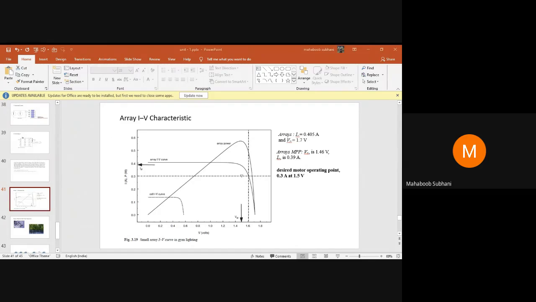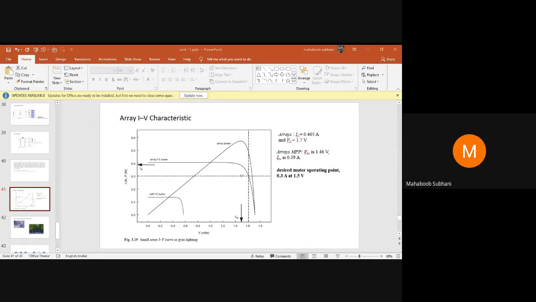Now, if there is no action taken, the model speed would change until the motor's operating point lay on the array's IV curve. So it means that the speed of the car will try to increase. But for us, the desired speed is only 1 meter per second. Okay. Now, how to minimize the value?